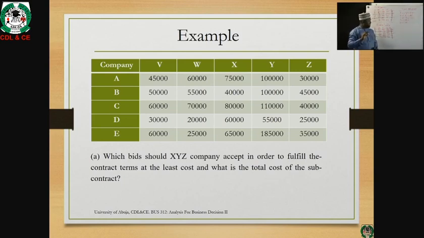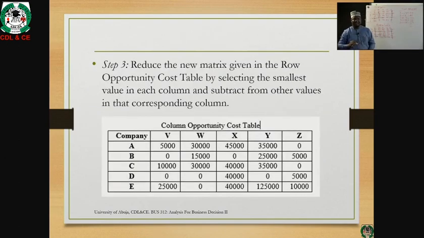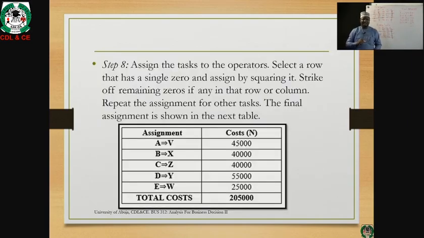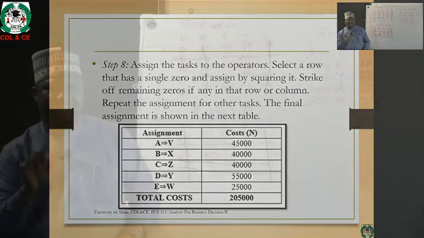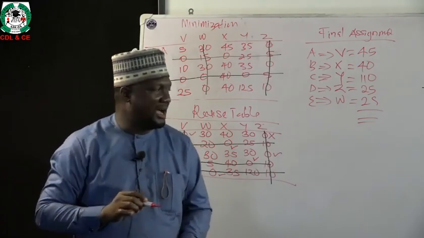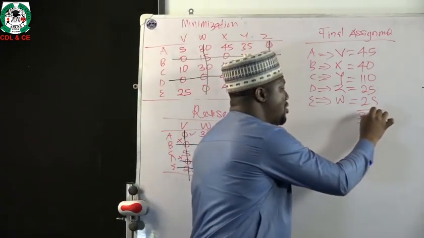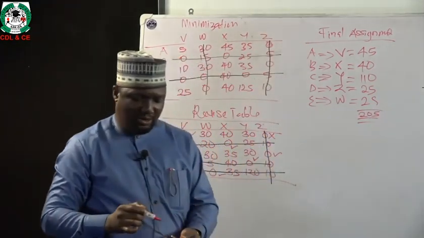Then D should be given Z. What do we have in Z? 25. Then finally, E should be given W. What do we have in W? 25. And that is exactly what we have at the end of this exercise, at the end of step 8. We have 205,000.